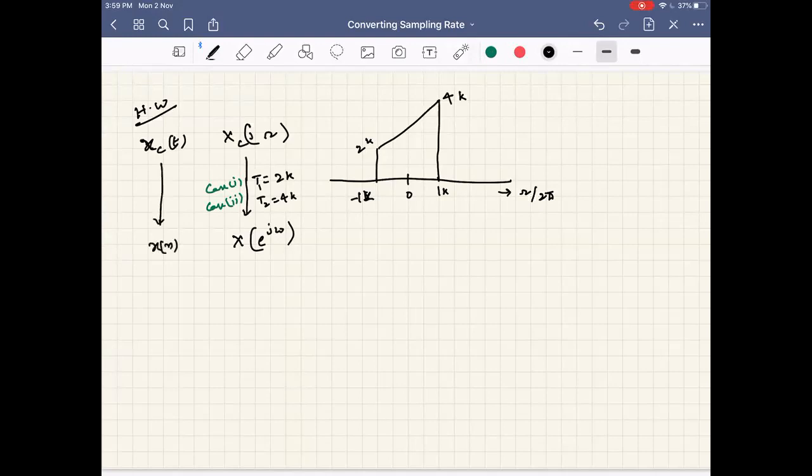From this x of n, what we wish to do is downsample it, or I will give these as independent problems.